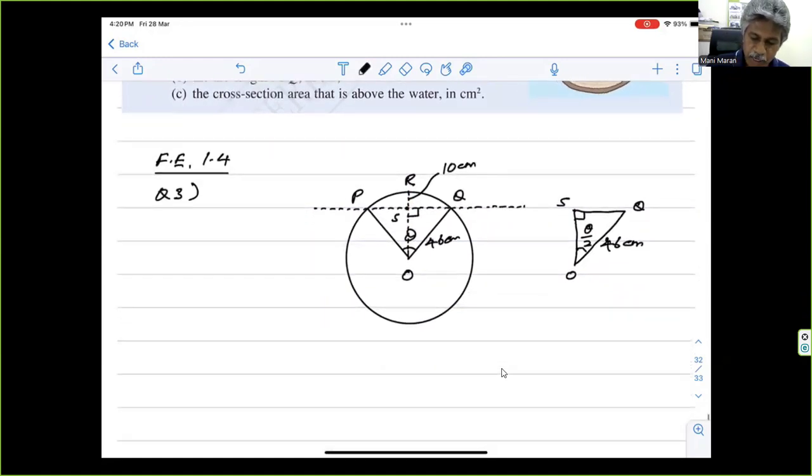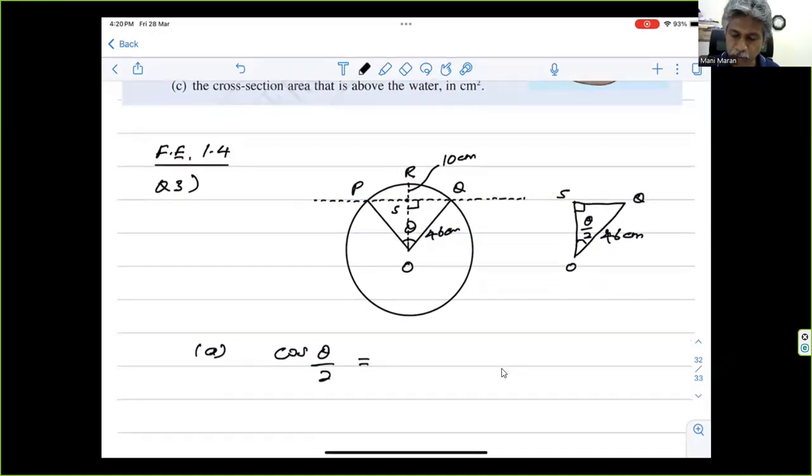So in part A, cosine of theta over 2. If you remember from right angle triangle, the cosine of this angle will be given by, so this part here on the left hand side of the triangle, you have 46 minus 10 cm.